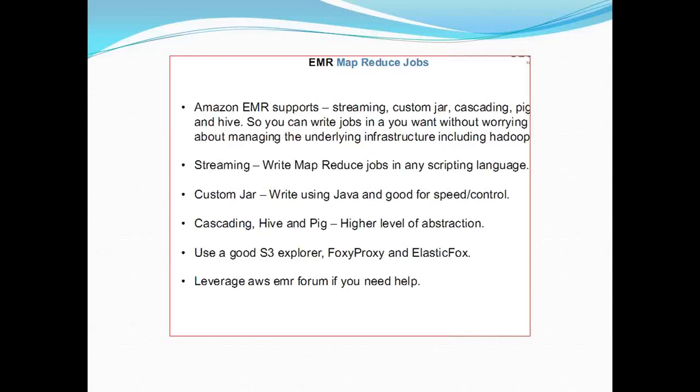Some of the capabilities which Amazon MapReduce offers from a MapReduce job perspective, it gives you the streaming jobs option. Custom jars can be given. Cascading is another technology. Try to just look into and explore that. Pig and Hive are also available to you there.